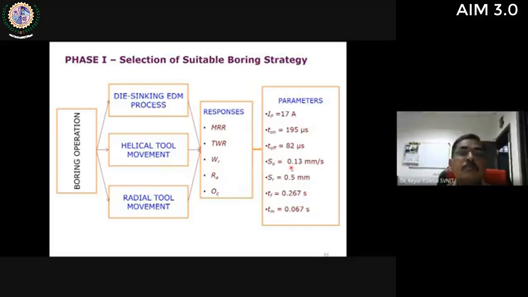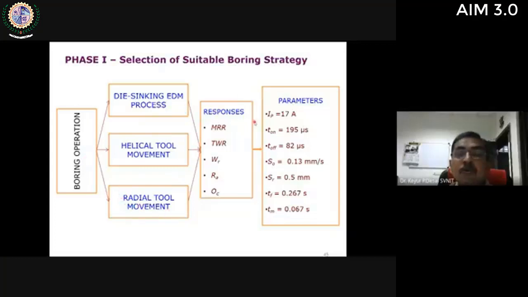So phase 1 gives us an idea about the selection of a suitable boring strategy. We can have the die sinking EDM process. We can have helical tool movement, which was discussed in phase first part, or we can have radial tool movement.